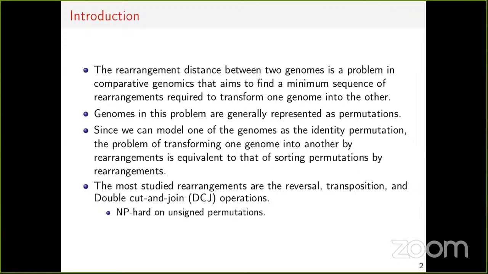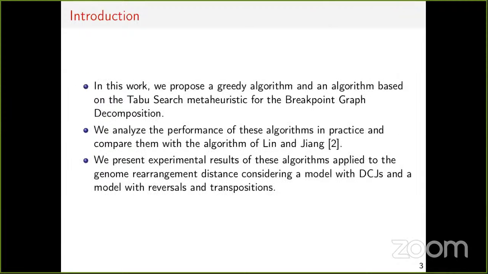The problem of sorting by reversals is NP-hard on unsigned permutations. In this work, we proposed a greedy algorithm and an algorithm based on the Tabu Search metaheuristic for the breakpoint graph decomposition, which is a problem with strong applications to sorting by rearrangement problems.